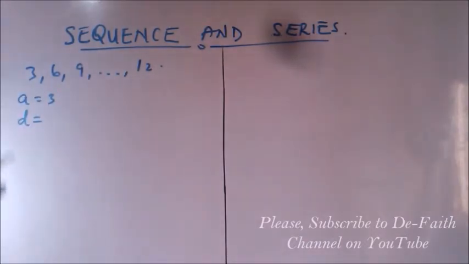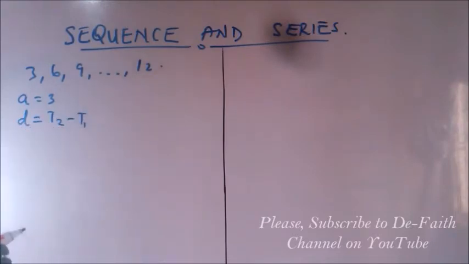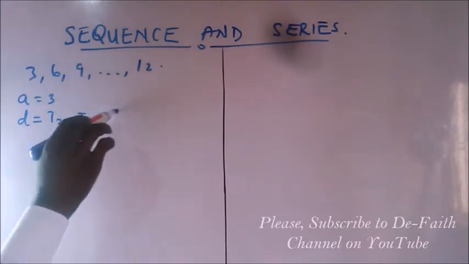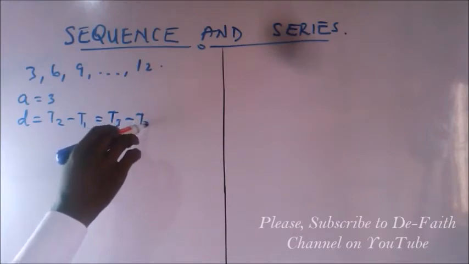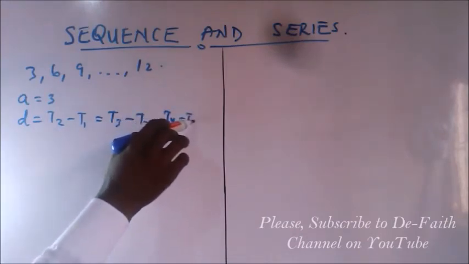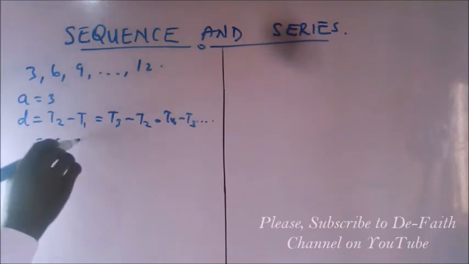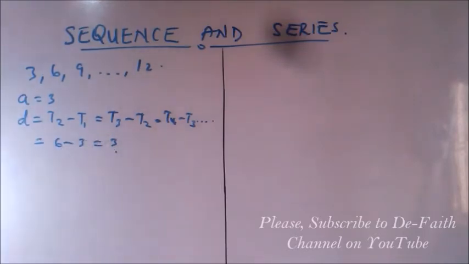For the common difference, we take the second term, T2, minus T1, or T3 minus T2, or T4 minus T3, and so on. So the common difference is T2, which is 6, minus T1, which is 3, and that gives us 3 as the common difference.